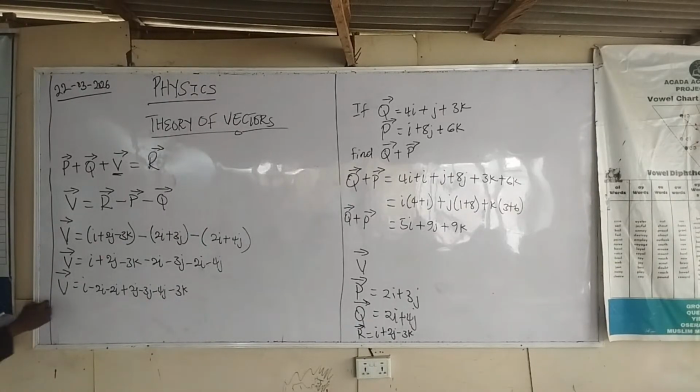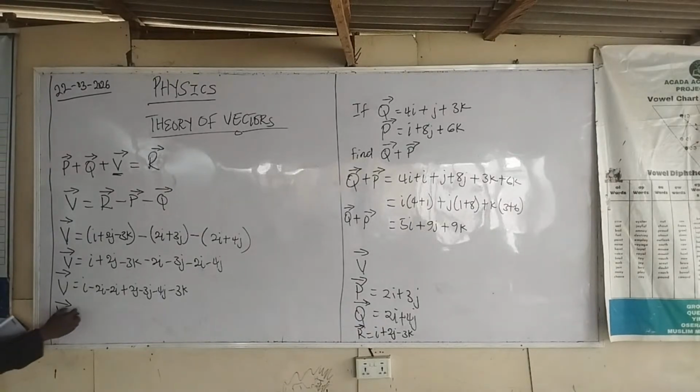Now 1 minus 2i minus 2i, we have minus 3i.